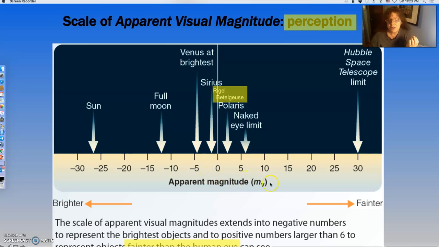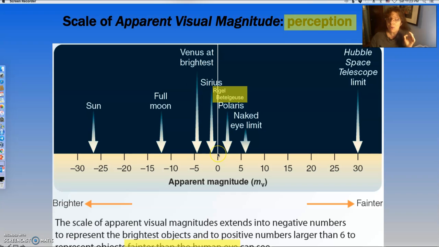The apparent magnitude is measured as m_v, as in magnitude visual. And look at this. The sun, the very brightest thing in the sky, is around a -27. The full moon, about a -12.5.